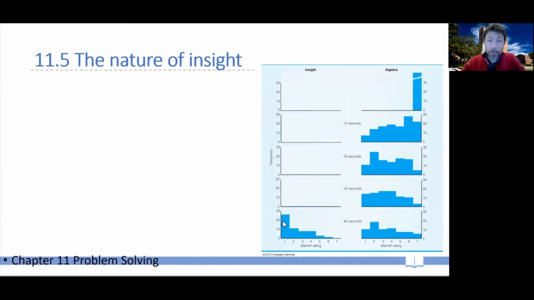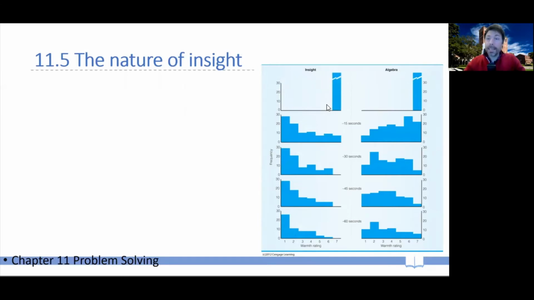At 60 seconds, most people are saying no clue. At 45 seconds, the mode is still no clue. At 30 seconds, most people are still between no clue and maybe a little bit of a clue. At 15 seconds from solving, still kind of no clue. Solution: I got it.